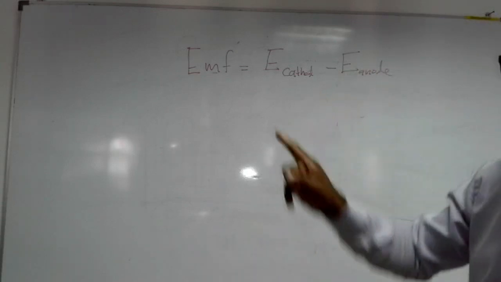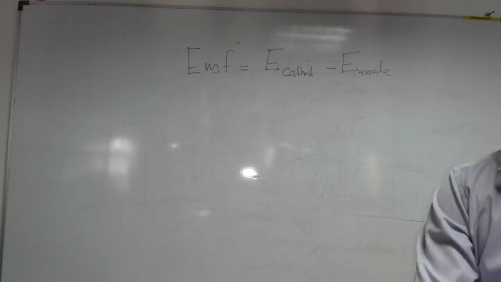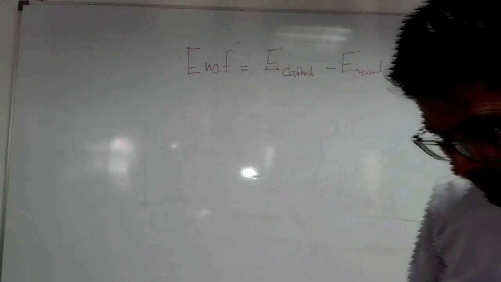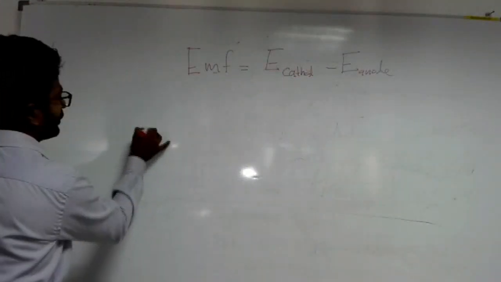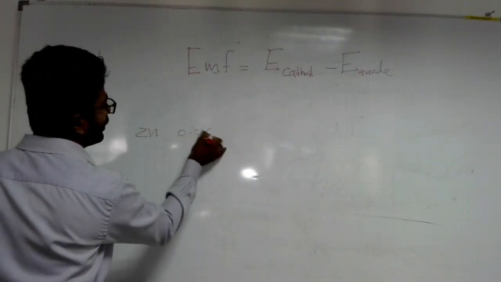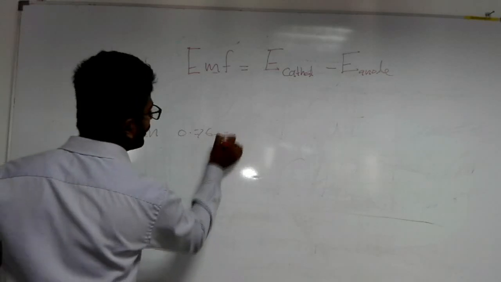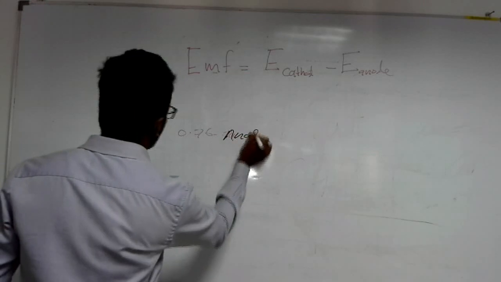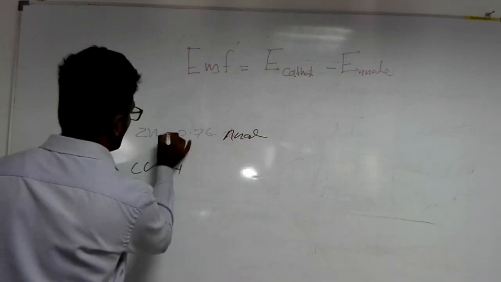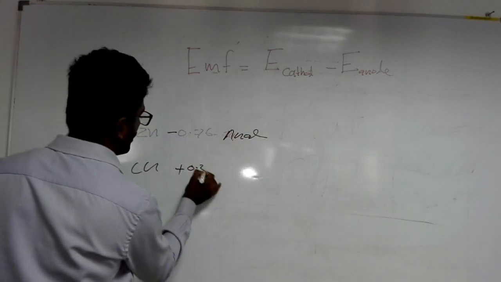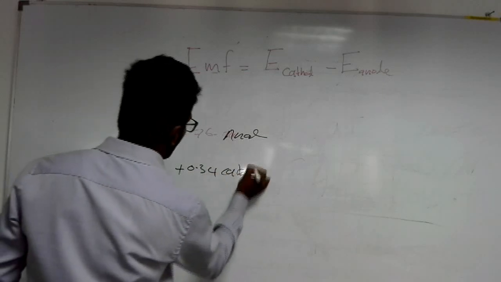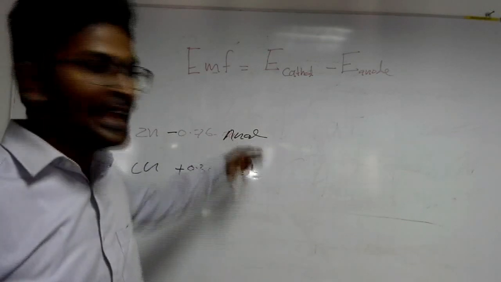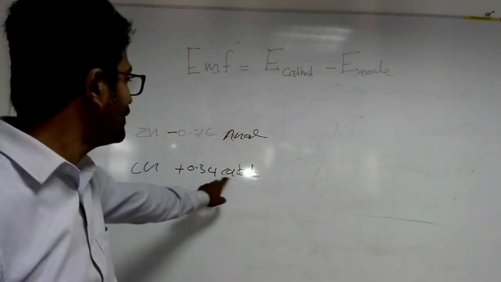Now in the previous part we discussed how to find the anode and cathode, and you can apply the same theory here. In the previous example, zinc, minus 0.76, is the anode, and copper, plus 0.34, is the cathode.